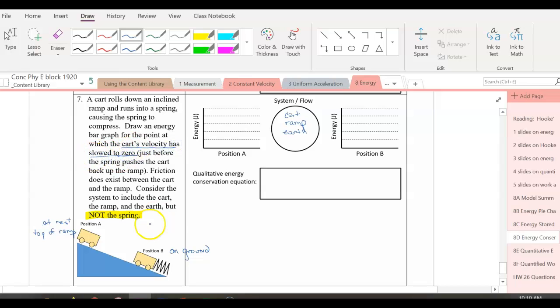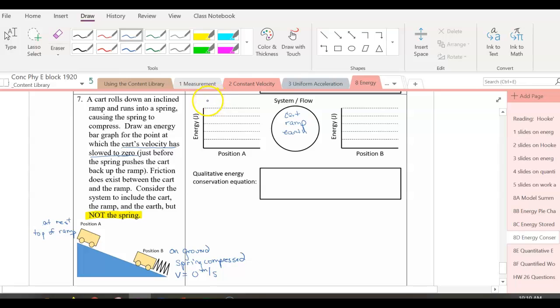Okay, and so the spring is compressed. And this is probably just for an instant, but the velocity is 0. It's kind of like at a peak of its motion. It's getting ready to turn around and get pushed back up the ramp by the spring. But at this moment, at position B, it's not moving.